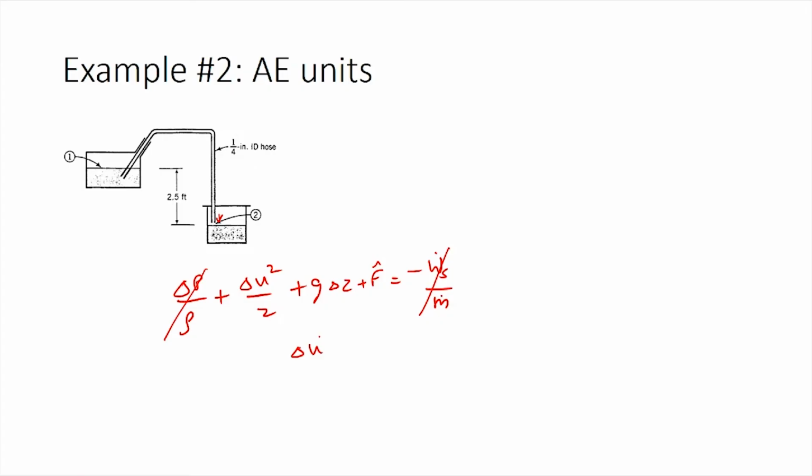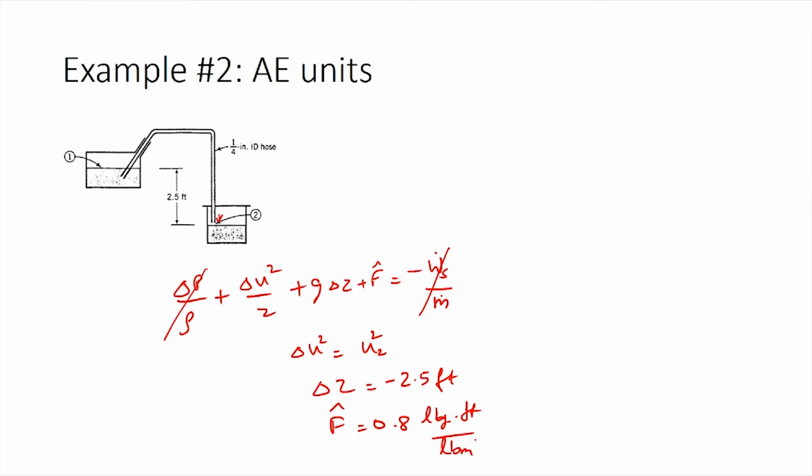Delta u squared would be equal to u2 squared, because u1 squared is 0, and delta z is equal to minus 2.5 feet, and you have also been given F cap equal to 0.8 pound force times feet divided by pound mass.